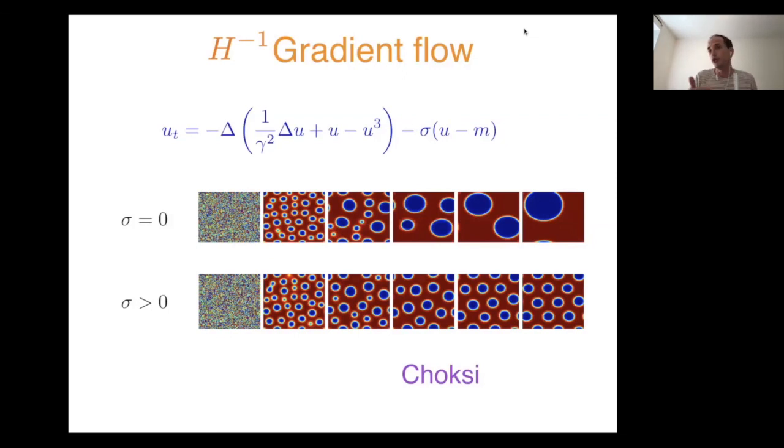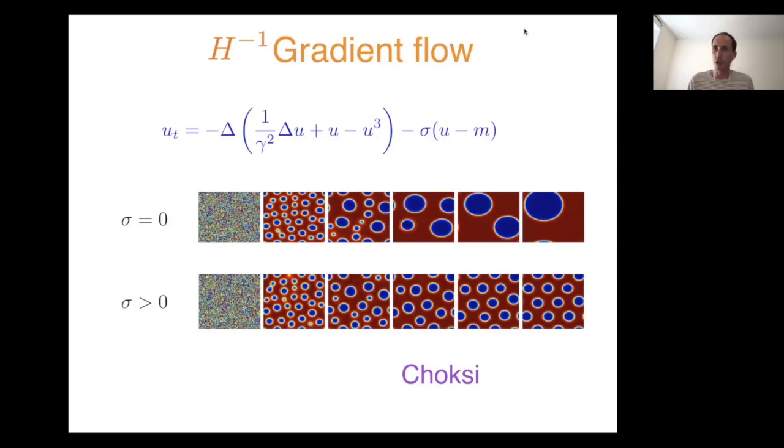So the u wants to go to 1 in certain positions and -1 in other positions. And then you see this coarsening of the blue bubbles here, basically. When sigma is 0, that coarsening continues and continues until there's just one region with A in a sea of B, or the other way around.